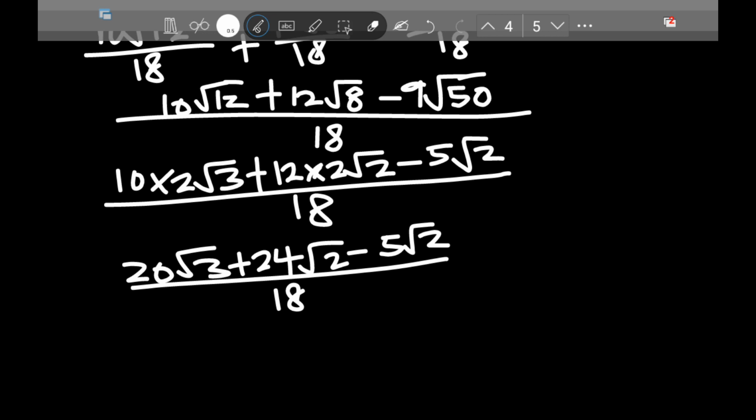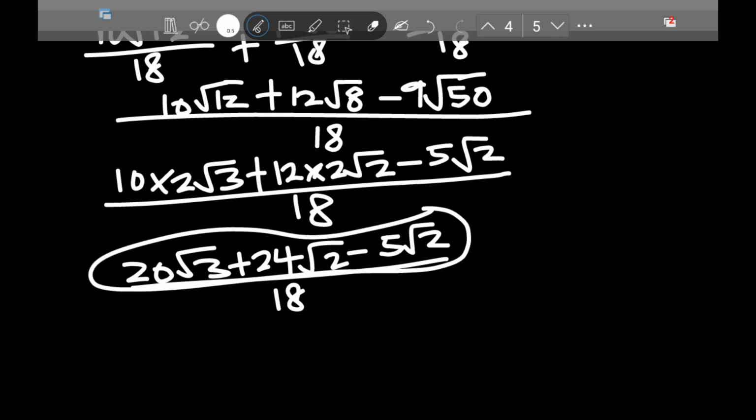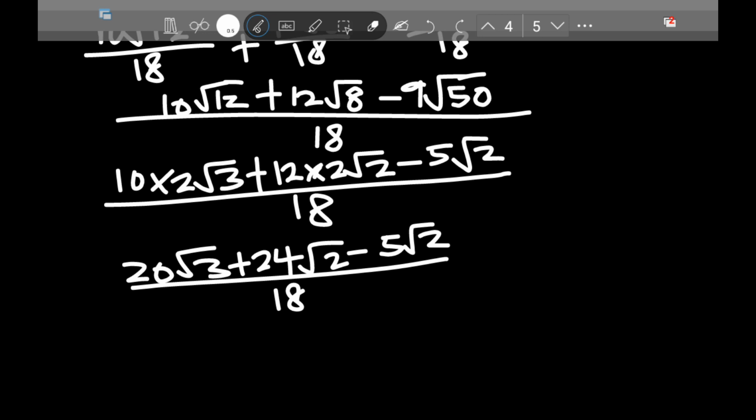Now, at this point, I would like you to look at the numerator, which is the expression at the top. Is it reducible? Is it factorable? Can we factorize it? Now, 20, 24, and 5.